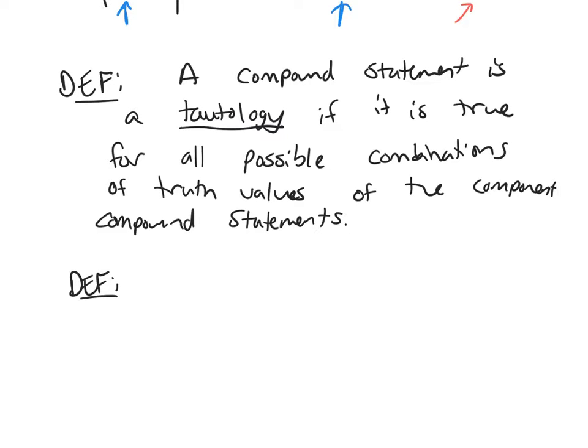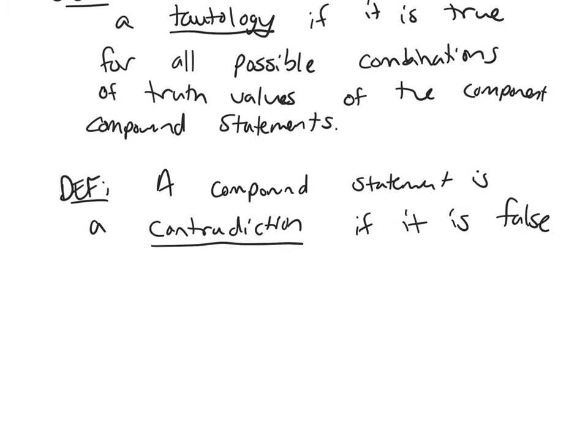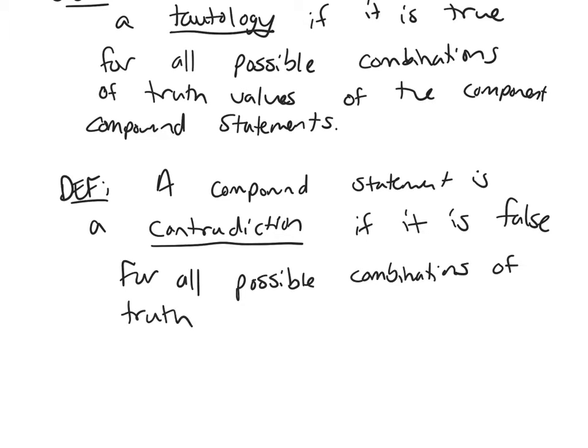So a compound statement is a contradiction if it is false for all possible combinations of truth values of the component statements.